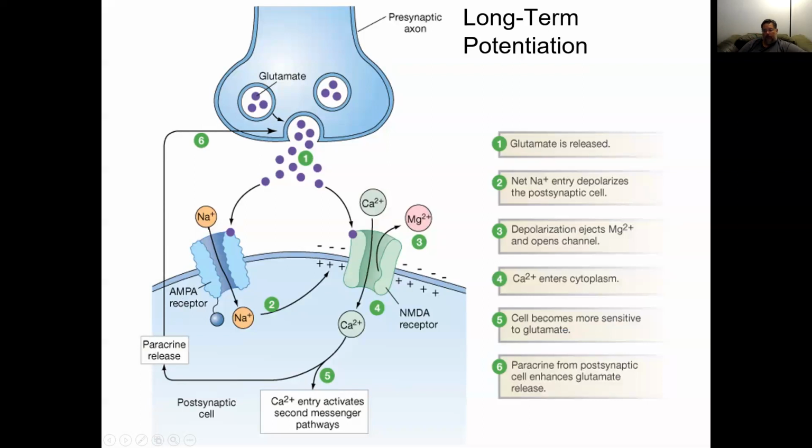So remember, a paracrine is like a hormone. And again, this is a very simple, wide version of what's going on. But a paracrine is like a hormone, but it's only within a short, small region. So when the neurons are talking to each other, the presynaptic and the postsynaptic, that paracrine release might help modulate this neuron, and they start forming this stronger connection between the two.